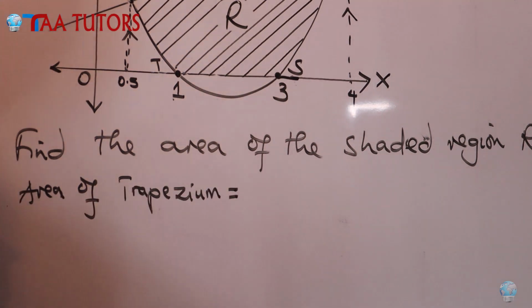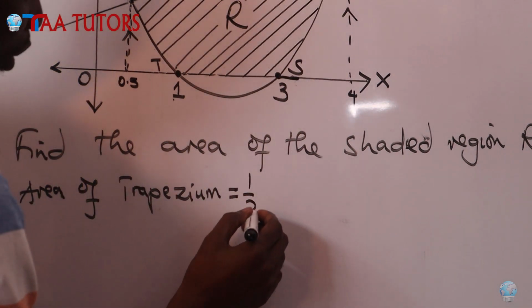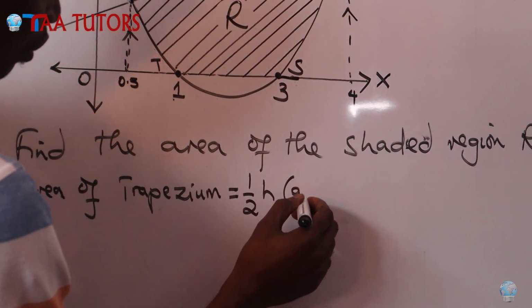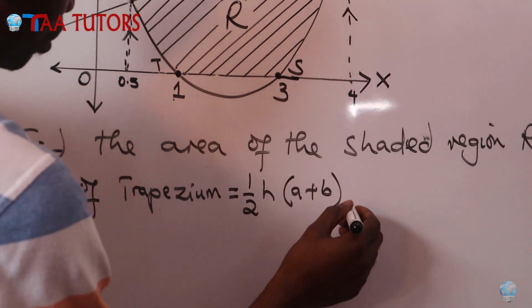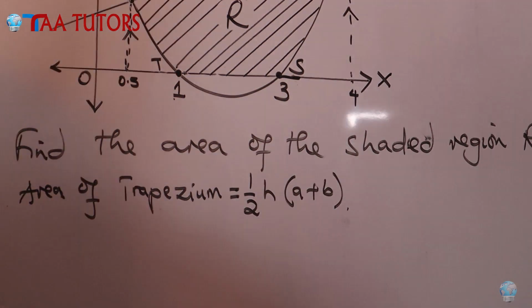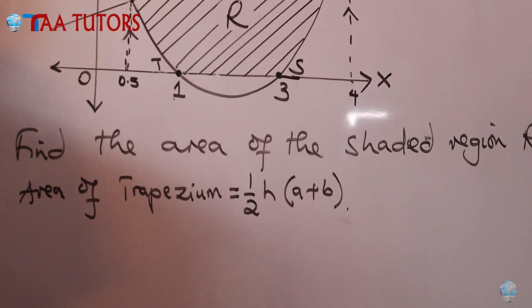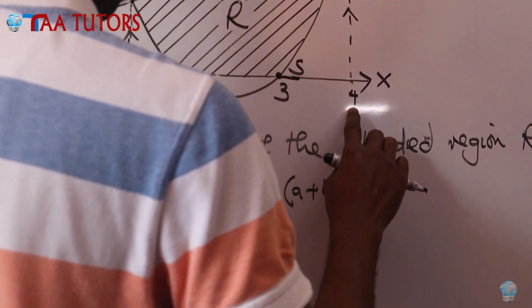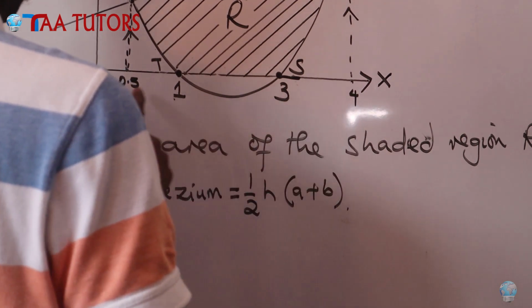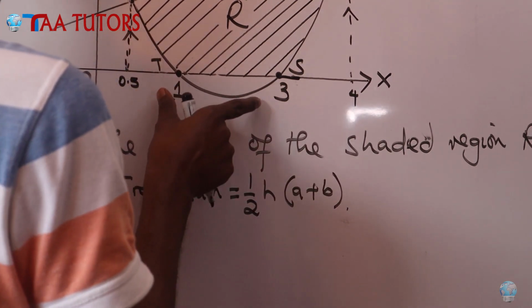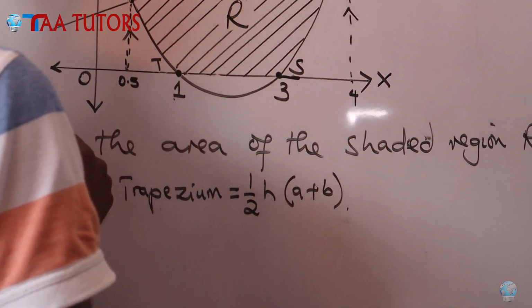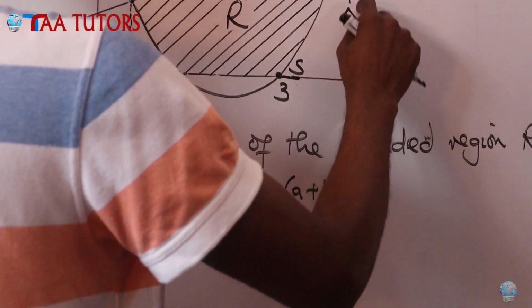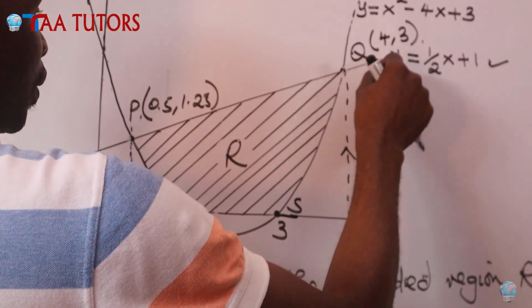and that area there, area of a trapezium should be half h into a plus b. So half h into a plus b, h should be here, meaning if this is 4, this is 0.5, it should be 3.5 here. This one here should be 3, you already got it here.